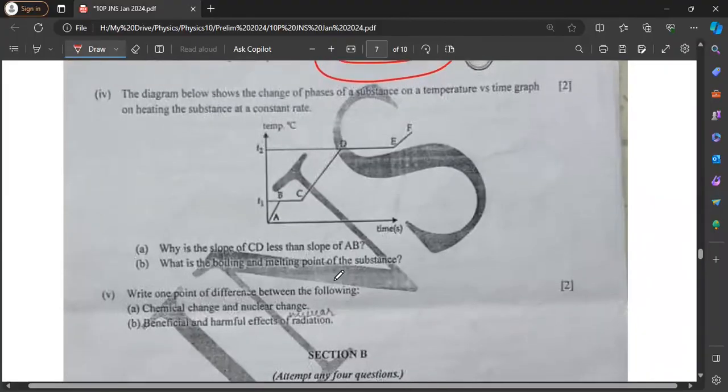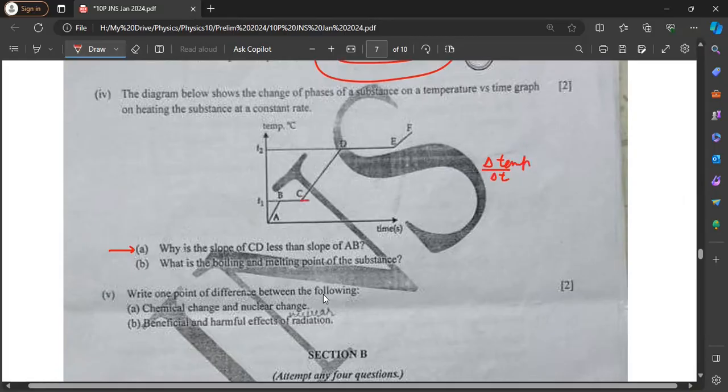Okay. Now there is another graph-based question of calorimetry. The diagram shows a temperature versus time graph on heating at a constant rate. Why is the slope CD less than the slope AB? When you're talking about slope, they are talking about change in Y upon change in X, so this is temperature upon time.